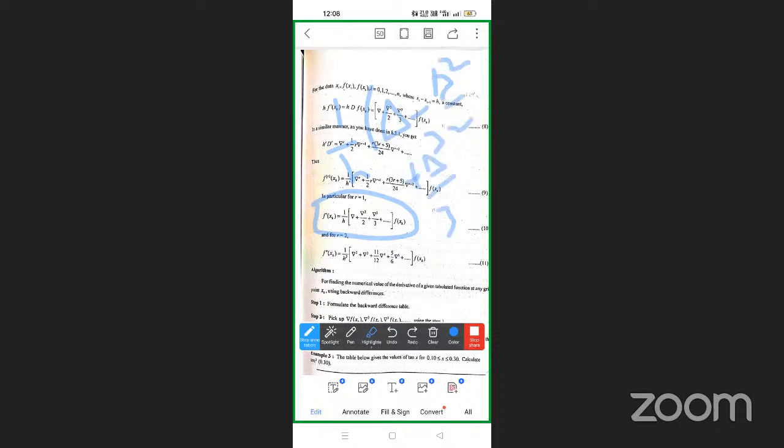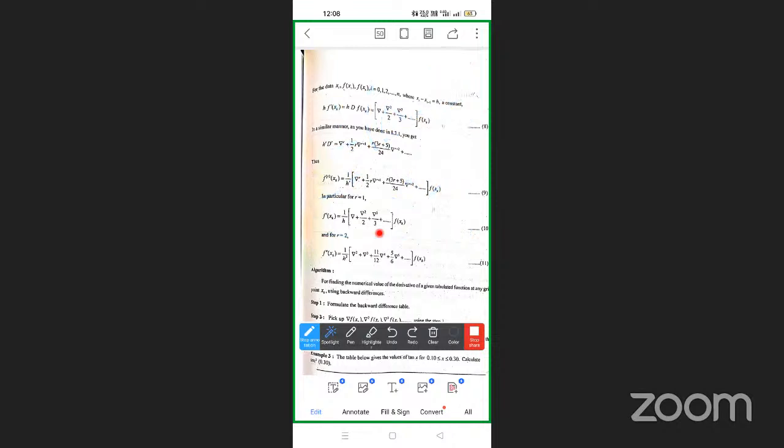So there is a small difference: in the forward process the signs alternate, plus minus plus minus, but in the backward process all are positive.